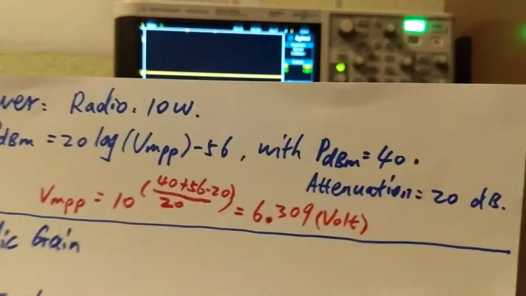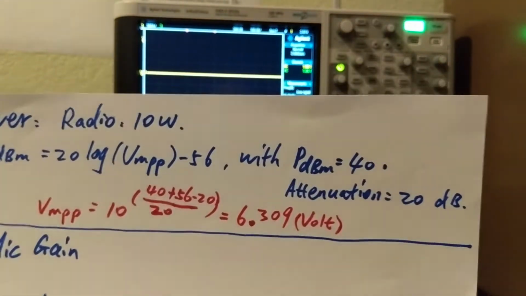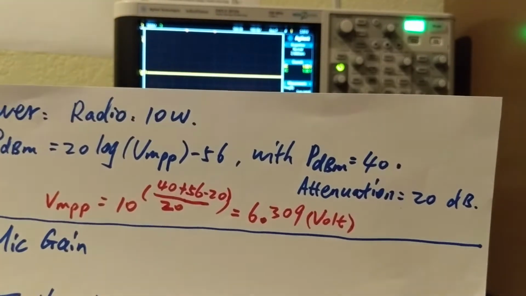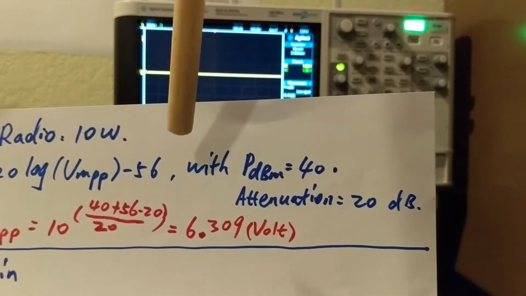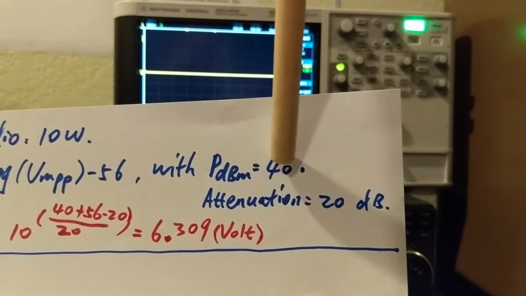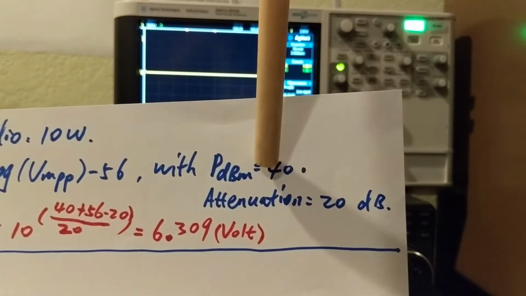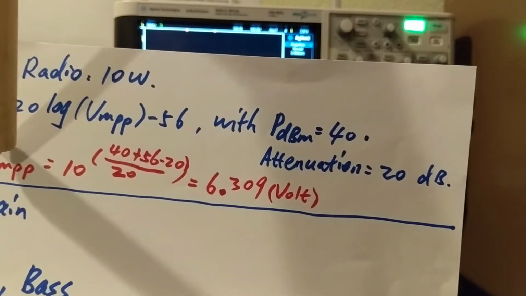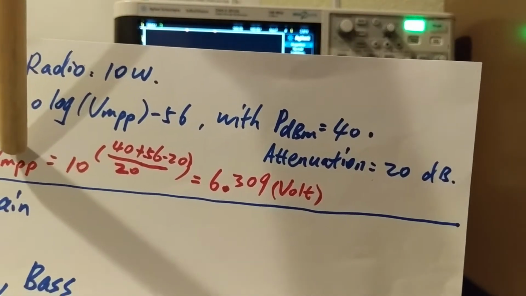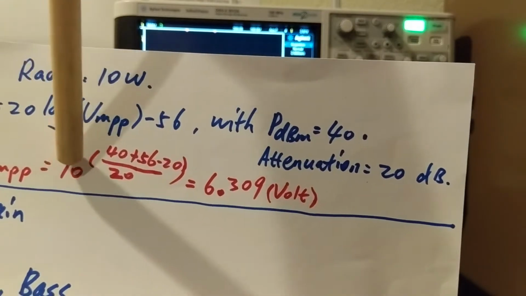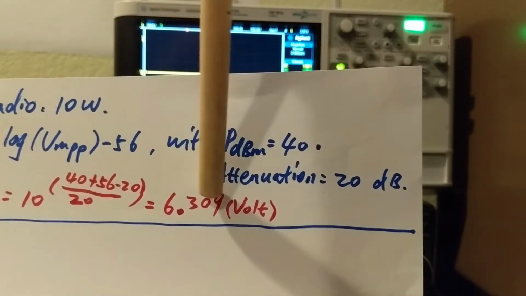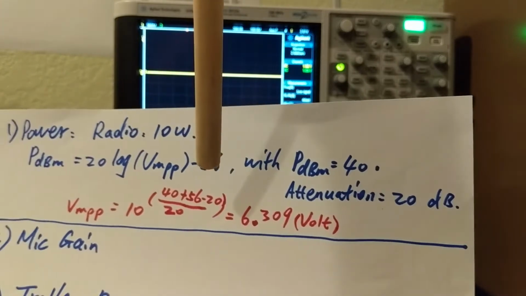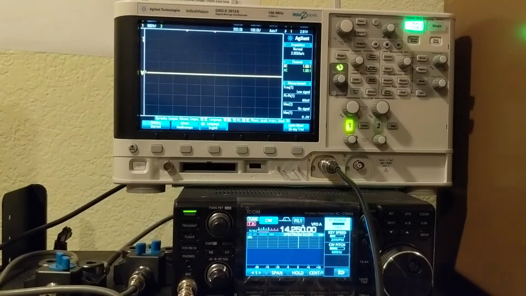Let's put 10 watts in. 10 watts is equal to 40 dBm, and there is 20 dB attenuation. So this sine wave's peak-to-peak voltage is 6.3. Let's see if it is 6.3 volts output on the scope.